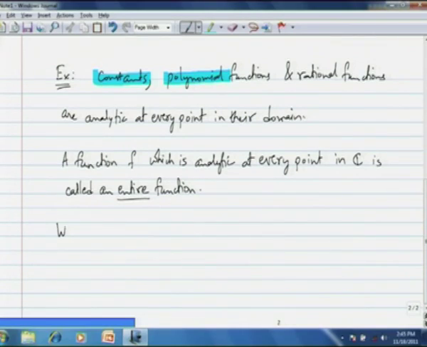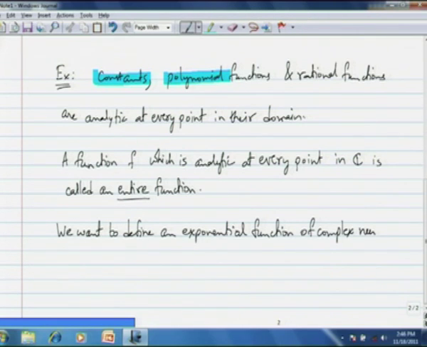So, what we want is to define an exponential function of complex numbers with the following desirable properties.